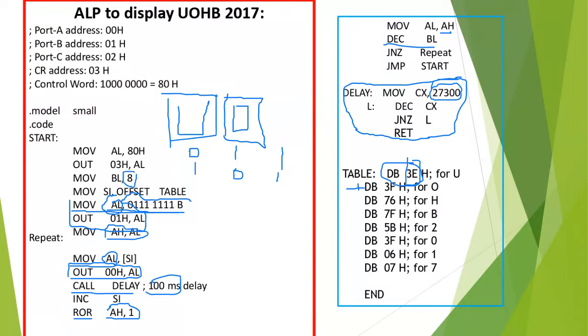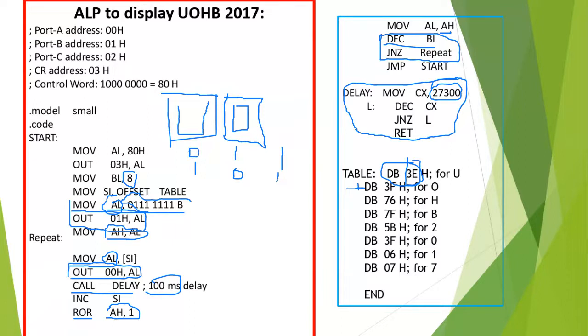Using BL, we decrement BL, or you can use a loop here also. Loop repeat. So you have to repeat here, and then jump start.